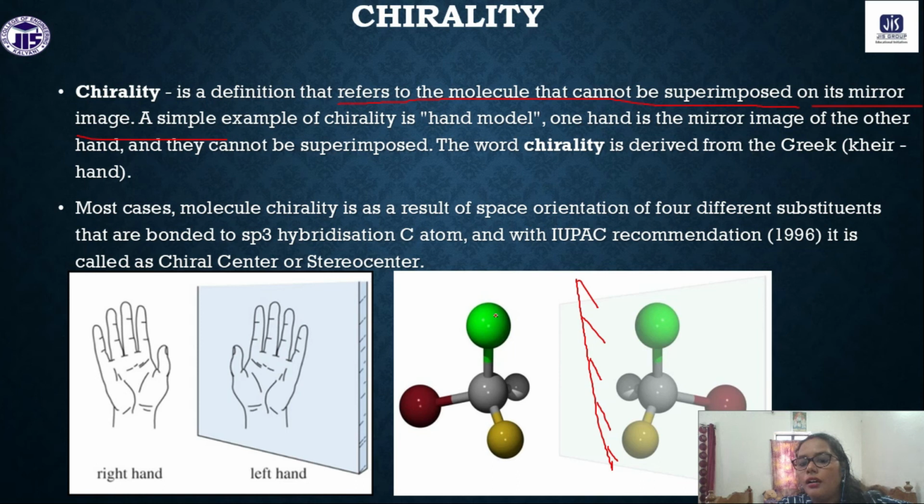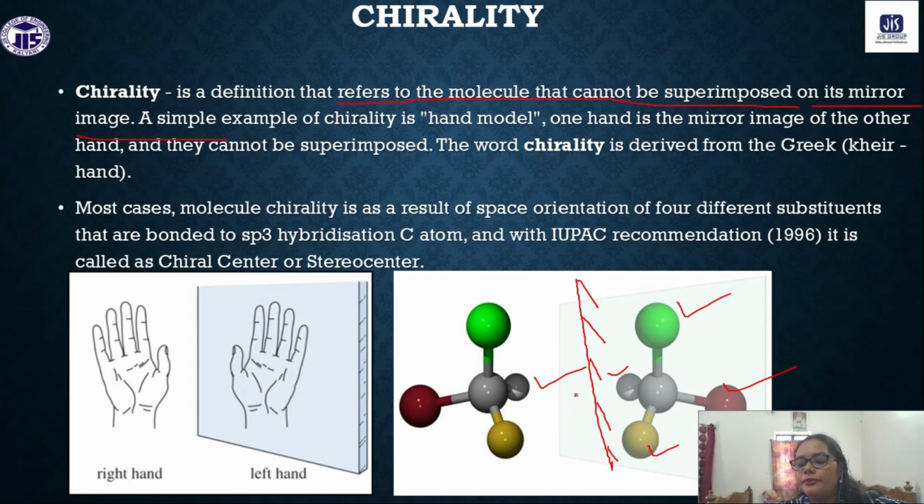So the green ball will be at the upper side, the red atom will be at the back side, and the yellow atom will be here. This is the mirror image of this molecule. Now if we want to superimpose, what will happen?